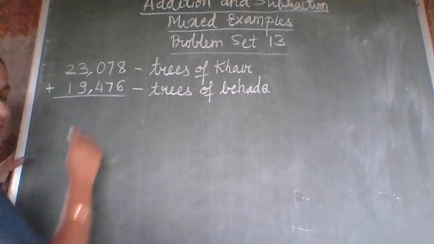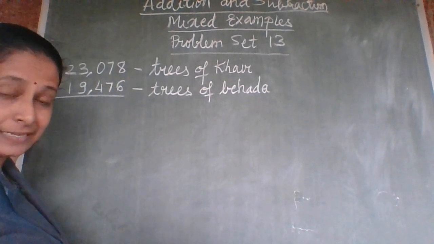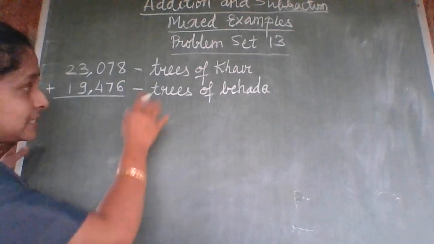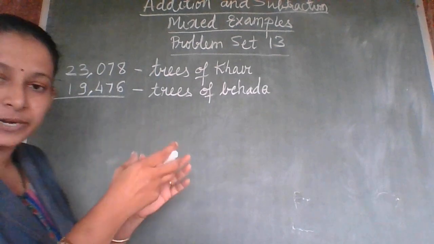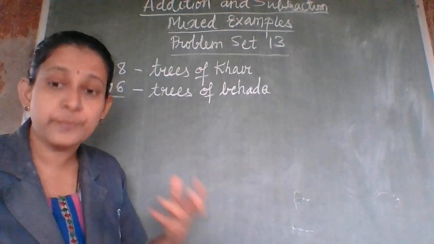So we have to first add these two and find out their total number, khair trees and behda trees together. And then whatever answer we get, we have to subtract it from 50,000.